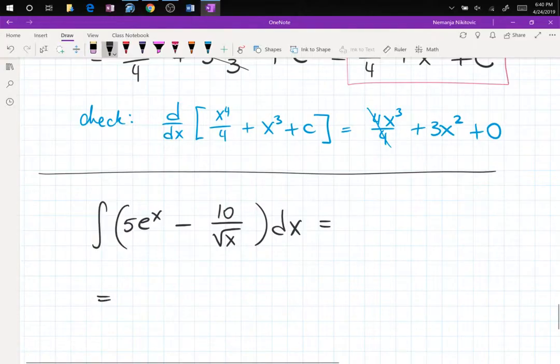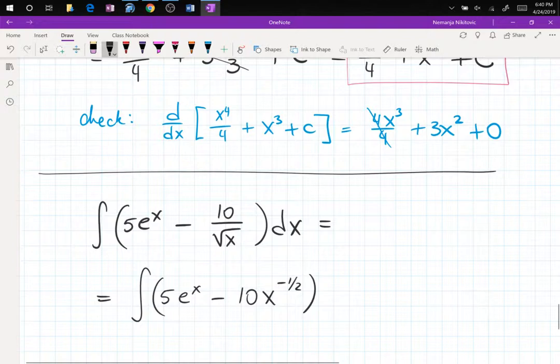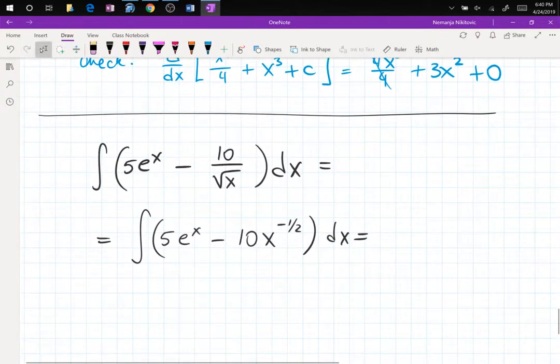So without writing 15,000 integrals over here, I'm just going to rewrite this as 5e to the x minus 10x to the negative 1/2, because I need to see this exponent so that I can do plus 1 in peace.